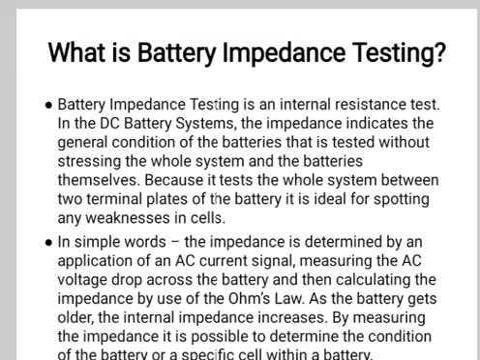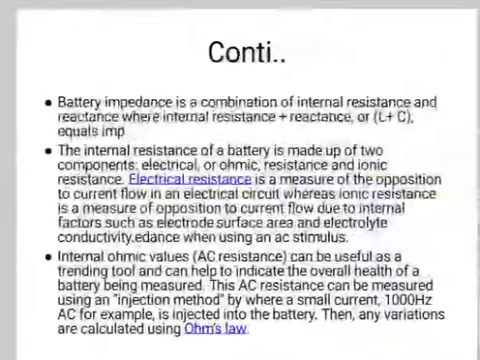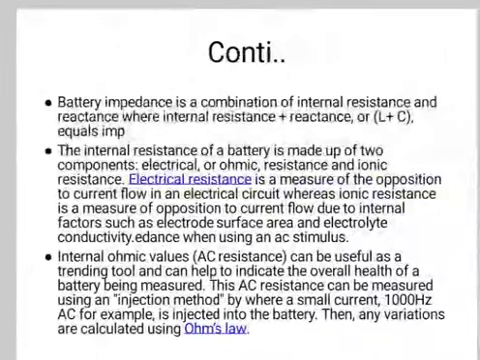The internal resistance of the battery is made up of two components, electric or ohmic resistance and ionic resistance. The electrical resistance is the measure of opposition to the current flow in electrical circuit, whereas the ionic resistance is the measure of opposition to the current flow due to internal factors such as electrode surface area and electrolyte conductivity.